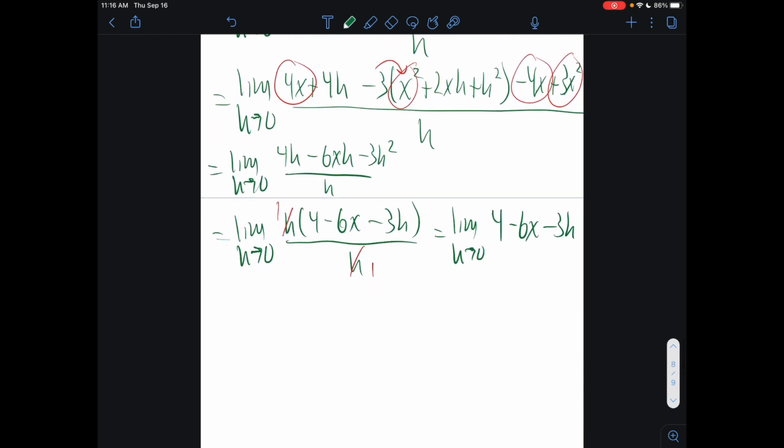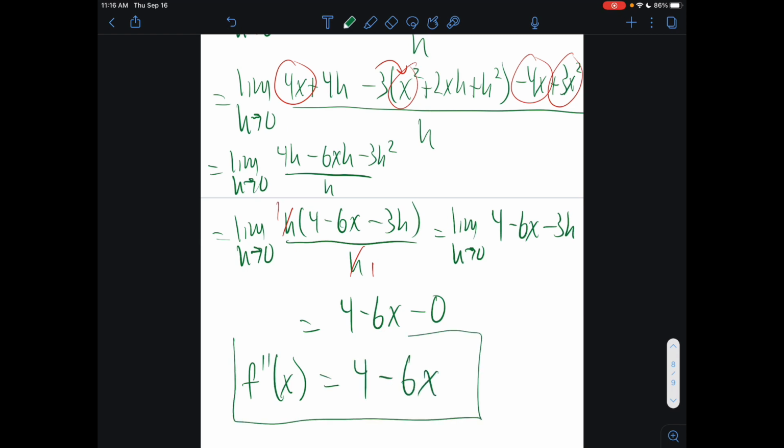Now I can plug in 0 for h, and we get that the second derivative of f with respect to x, notice it's a linear function. So we started with a cubic. The first derivative is a quadratic. The second derivative is a linear function.